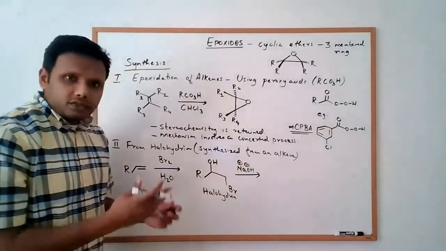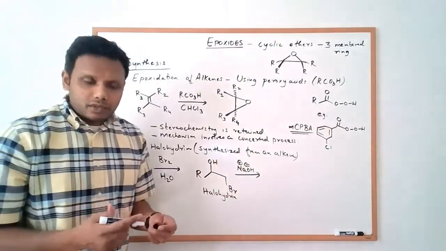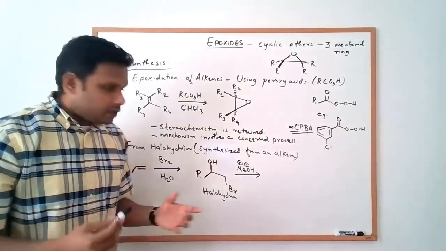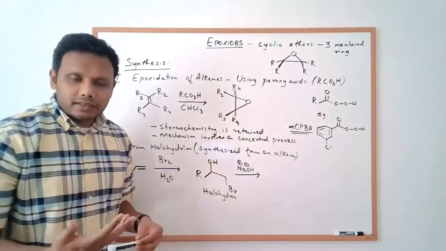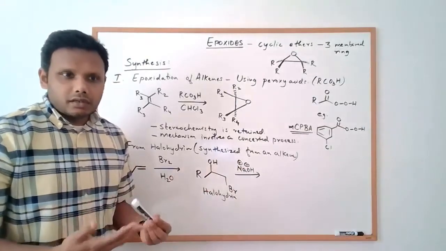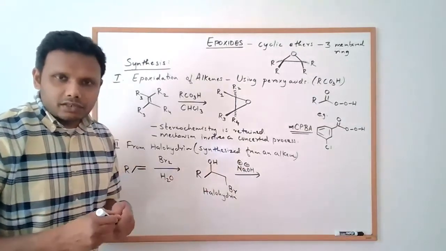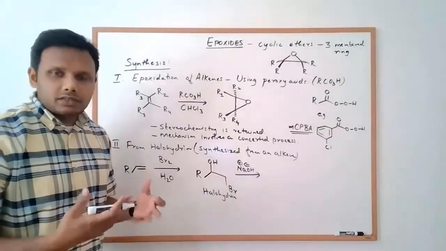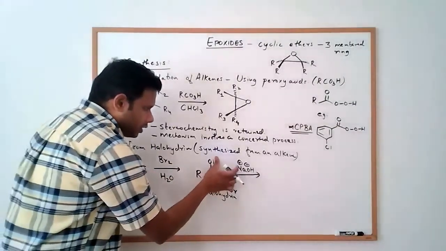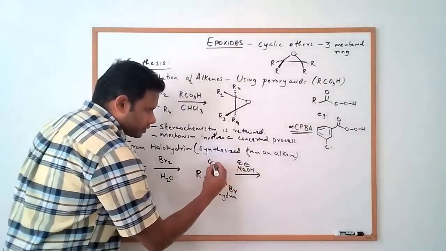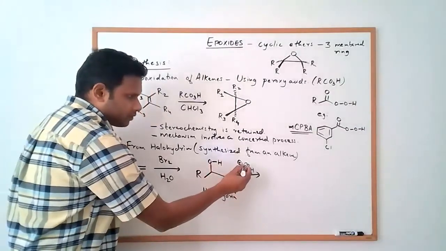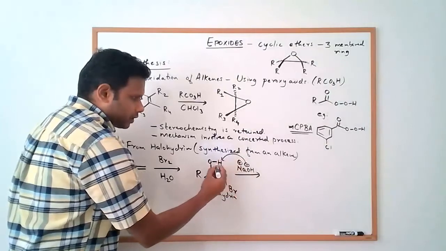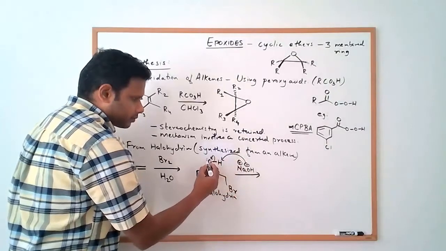But as we've seen a few times earlier, recollect that an acid-base reaction is always much faster than a substitution or an elimination kind of reaction, or any reactions that involve carbon atoms. So in this particular case, the base, instead of attacking that alpha carbon there, would do an acid-base reaction.